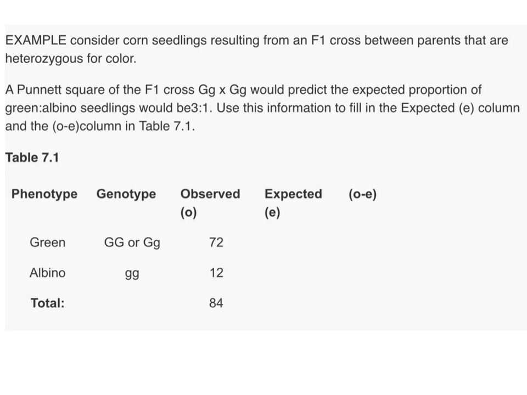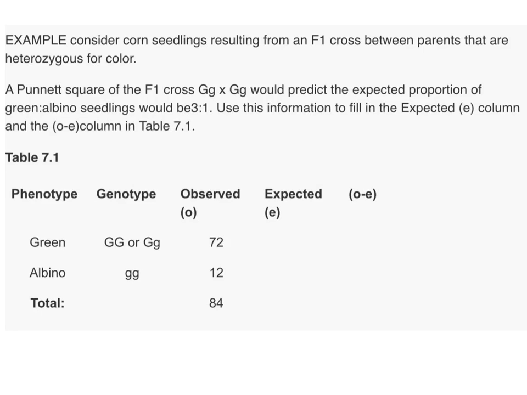It says, consider corn seedlings resulting from an F1 cross between parents that are heterozygous for color. So I'm going to look at a Punnett square for the F1 cross, big G little g by big G little g, and I'm going to predict the expected proportion of green to albino seedlings that would be 3-to-1. That is my hypothesis, that it's 3-to-1.